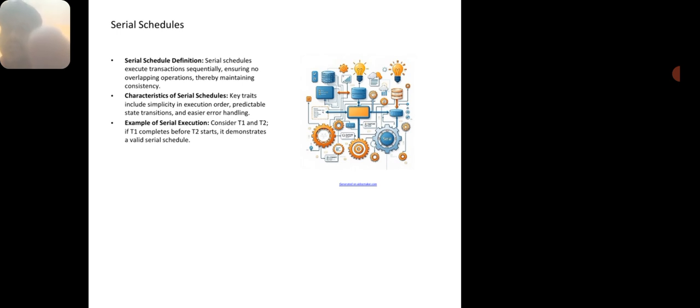Key traits of serial schedules include simplicity of execution and order, predictable state of transactions, and easier error handling. In the example for serial execution, with transaction 1 and transaction 2, T1 completes before T2 starts. It demonstrates the value of serial schedules.